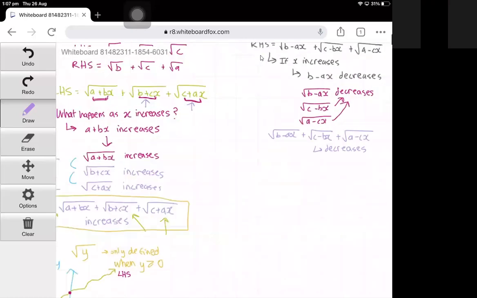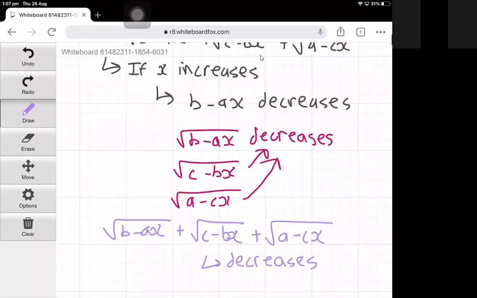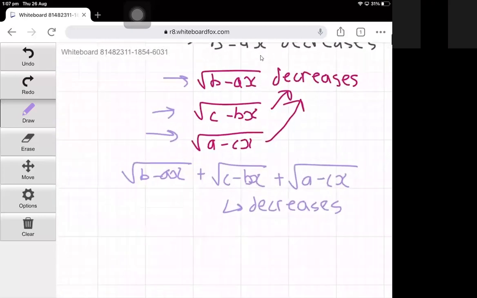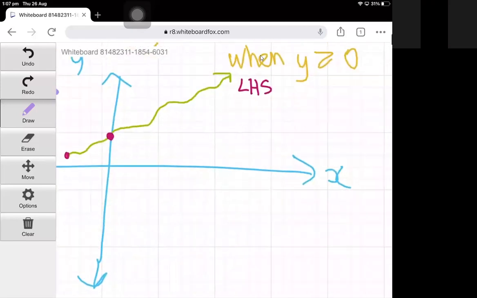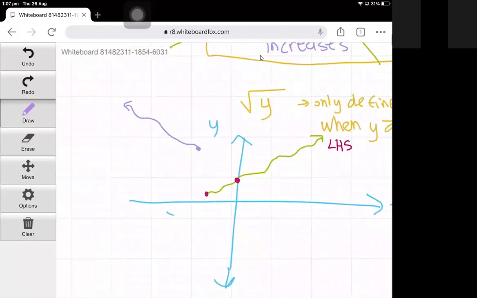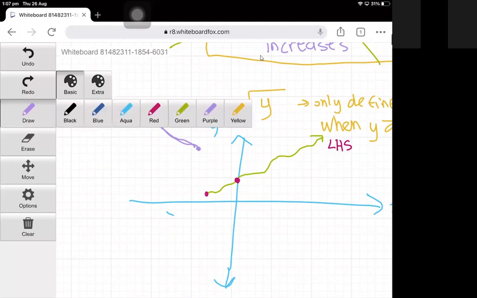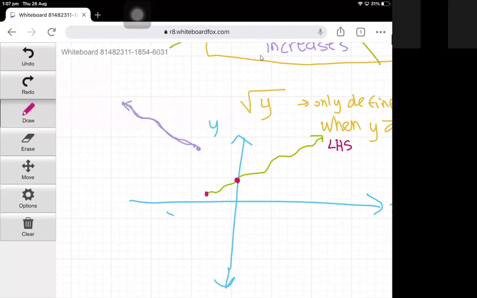And this is because as x gets smaller and smaller, each of these things will go to infinity as x goes to negative infinity. So the sum of all of them will go to infinity. So it means the function will go towards positive infinity in this direction, and then it will come down.